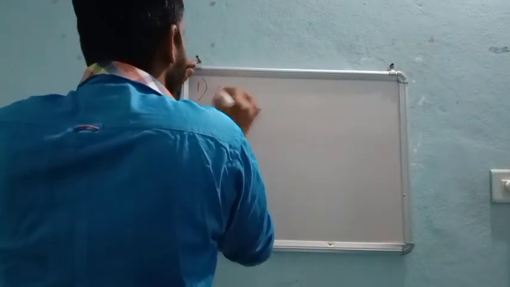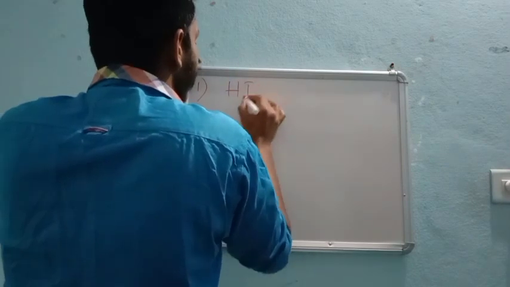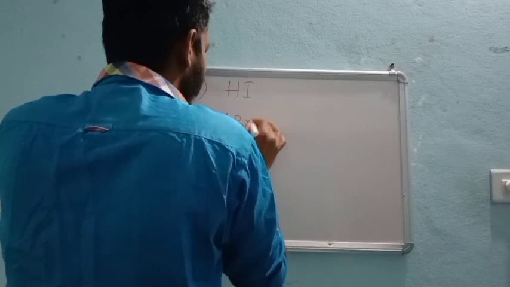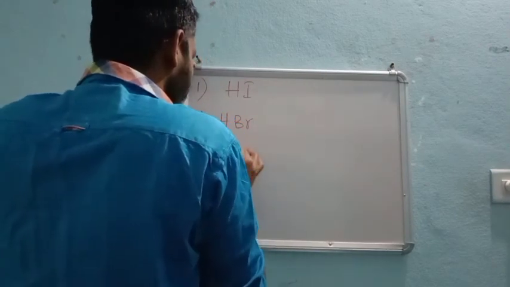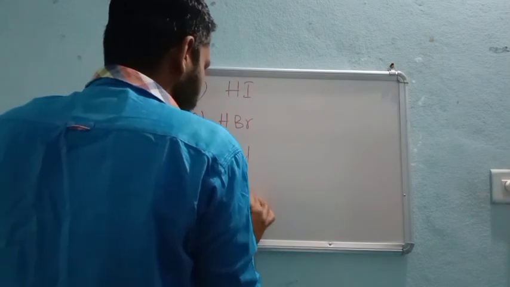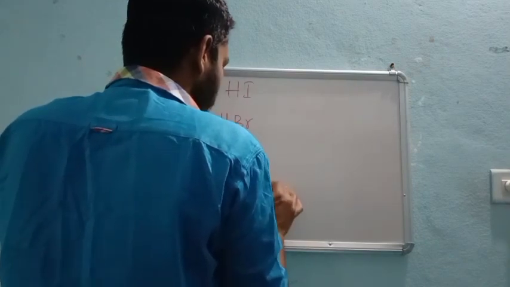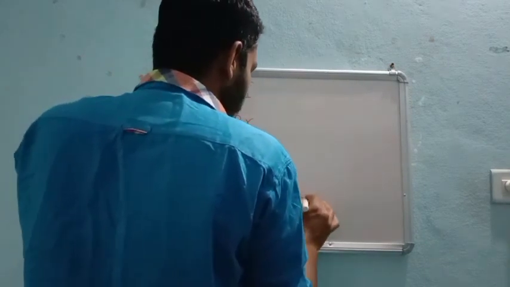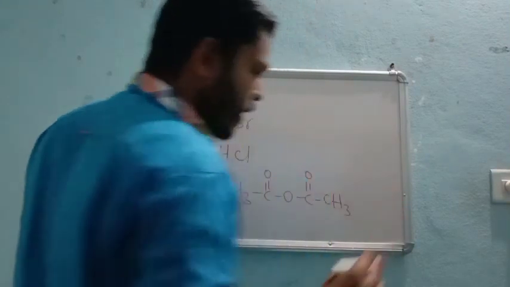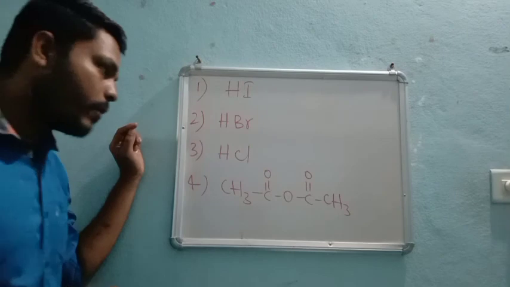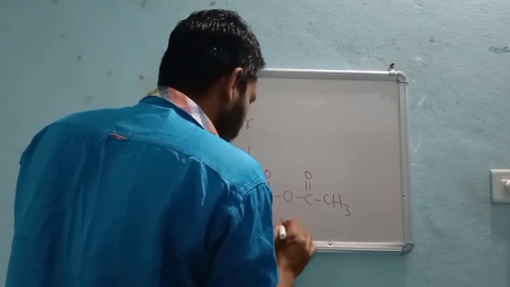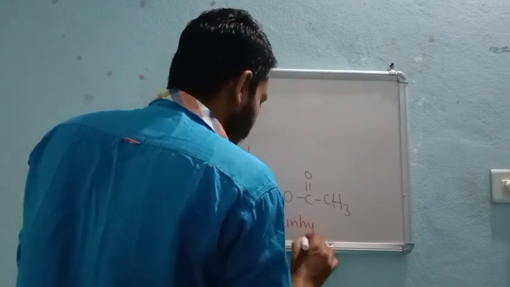The first assignment is HI, the second one HBr, the third one HCl. The fourth one is a very big molecule, CH3, C double bond O, C double bond O, CH3. This is acetic anhydride.